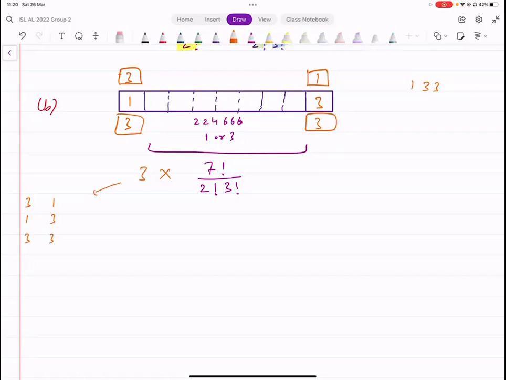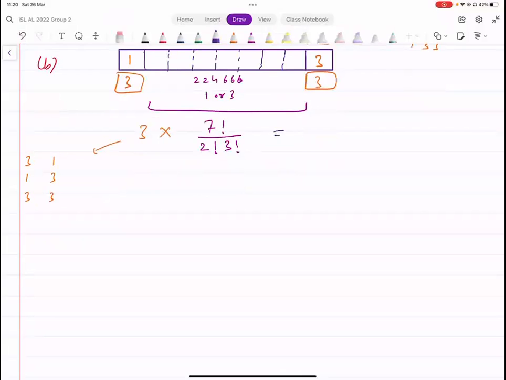Middle में आपके पास वो 7 letters हैं, 7 factorial for that. But then how many of them are repeated? There are 2 2s, 3 6s, उससे हमने divide कर दिया, and that's going to give you a result. Is that okay to everyone?